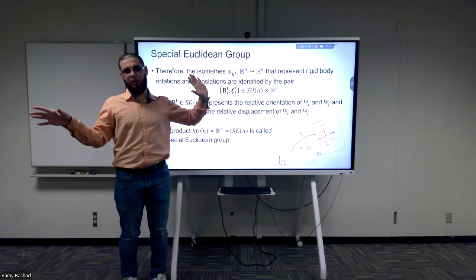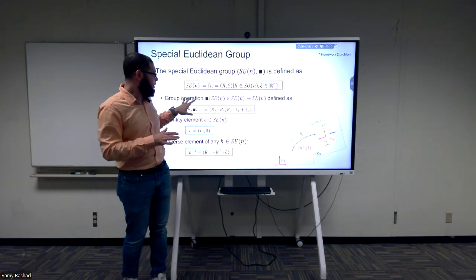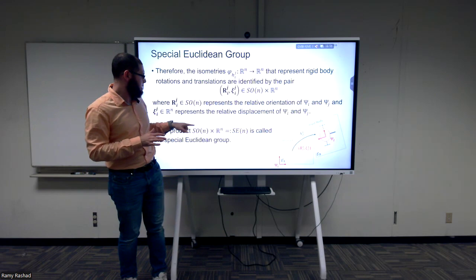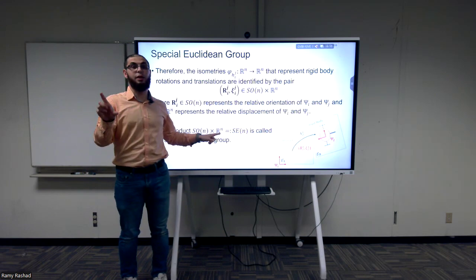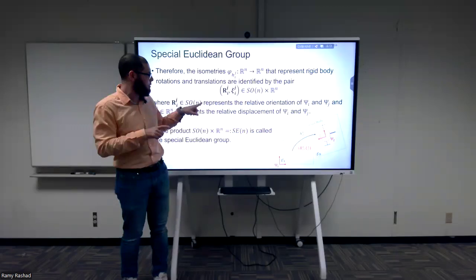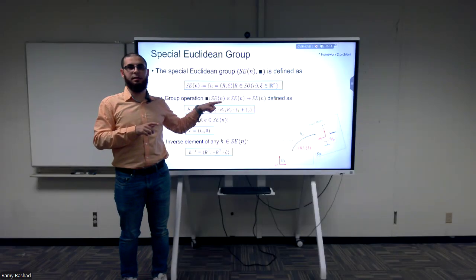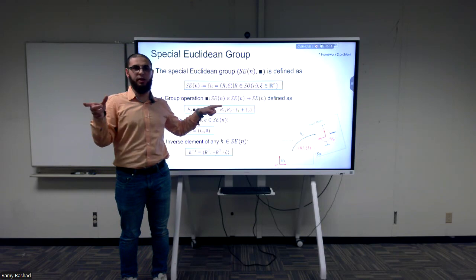Then it represents a rigid body transformation. If you take rotation matrices and vectors and you combine them in a way that's not like that, then it does not represent rigid body transformations.